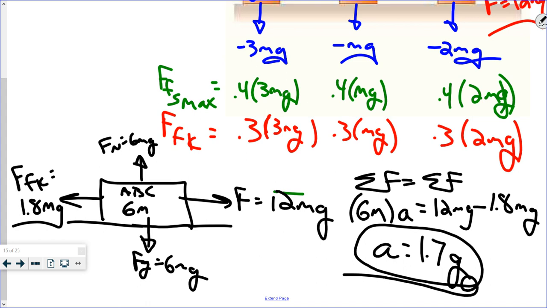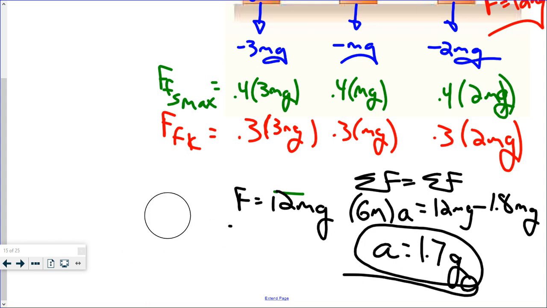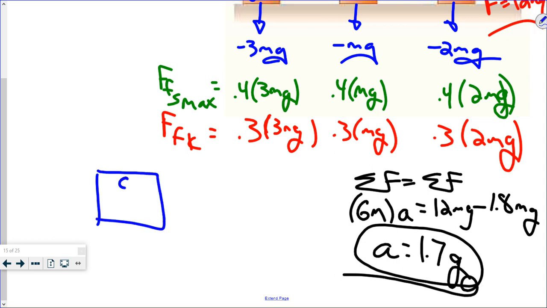Let's find our tension force. To find the tension force, we need to look at just one of the blocks, and for the same reason as before, I'm going to look at block C. It's got a mass of 2m.